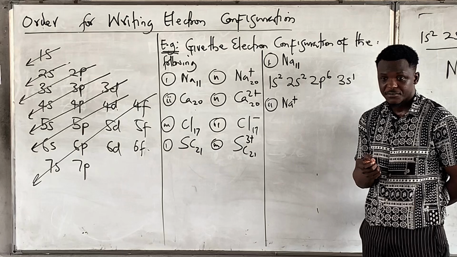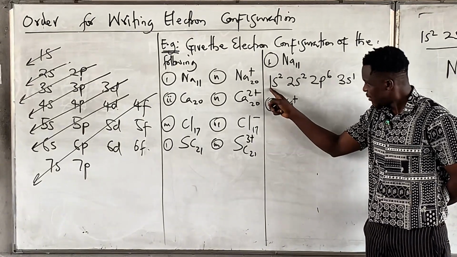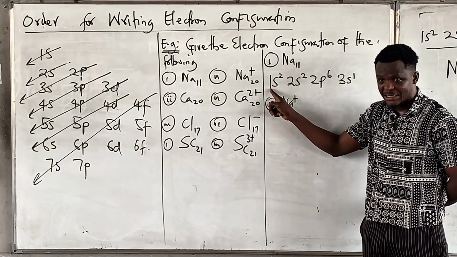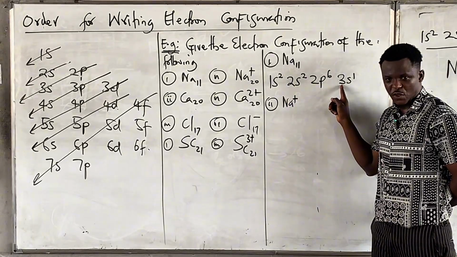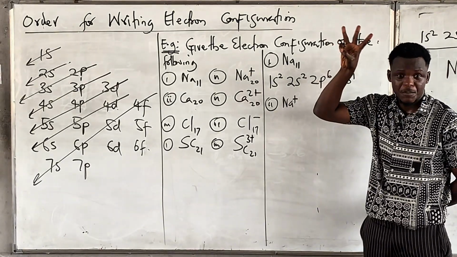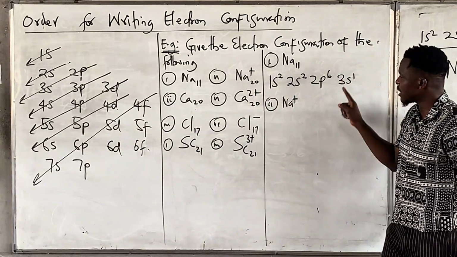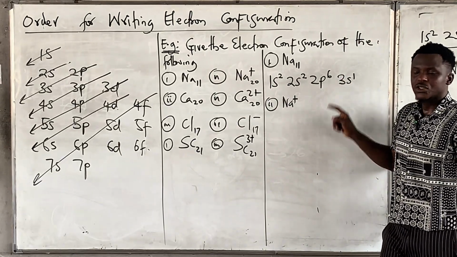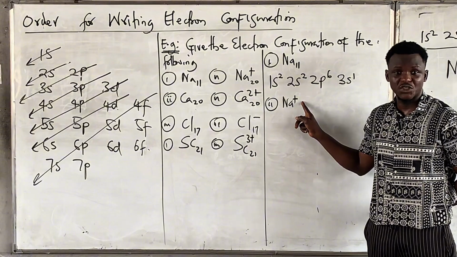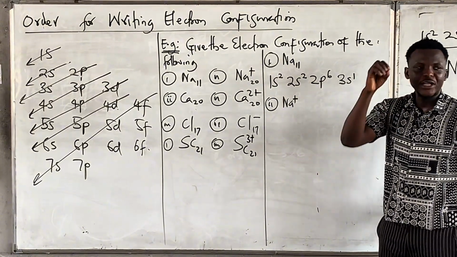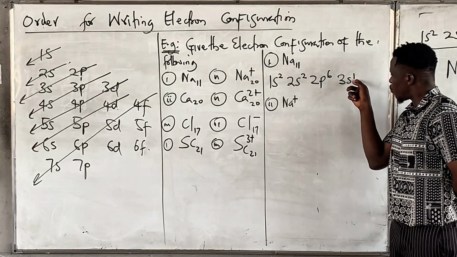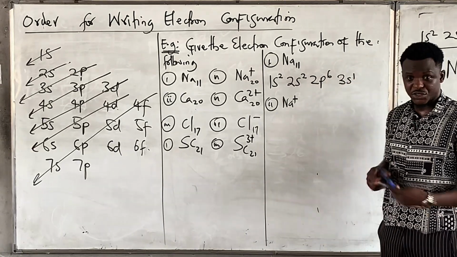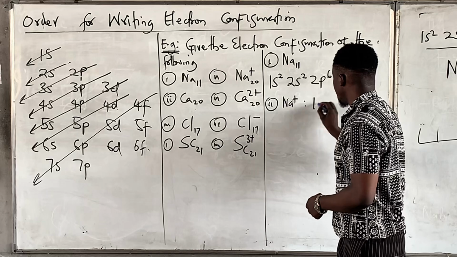This is 1, the first shell. 2, the second shell. 3 is the third shell. That means this atom has how many shells? 3 shells. And the outermost shell is 3. So plus means removal of how many electrons? 1. We are going to remove the electron from the outermost shell, which is this 3s. If you remove 1 electron from here, this becomes 0, is it not so?